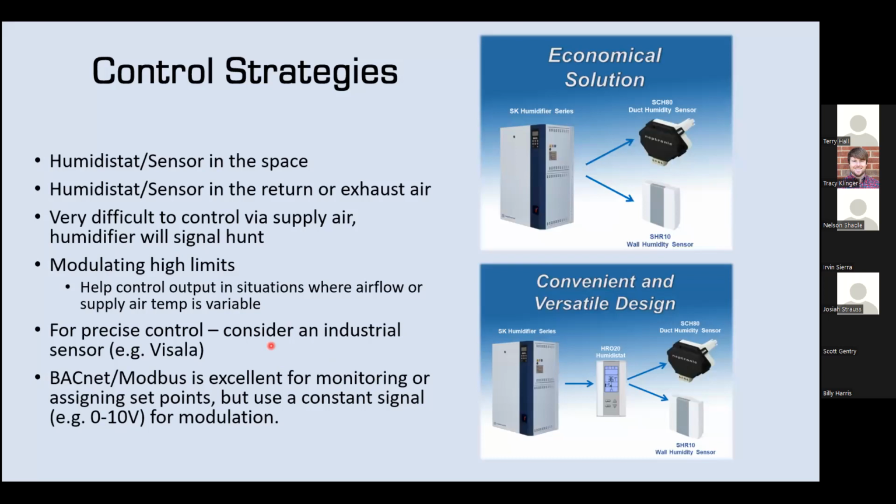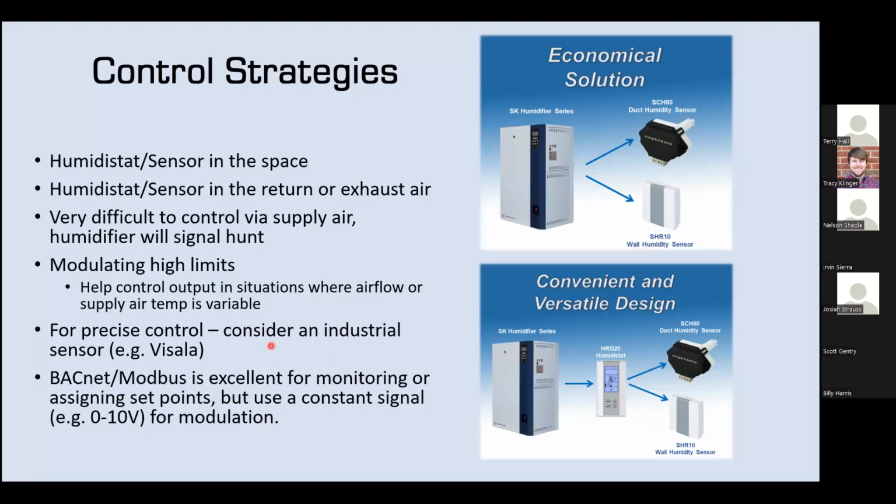In general, BACnet and Modbus are great for monitoring, but I would probably not rely on them to send a control signal to the humidifier. I'd rather the control signal be a voltage signal, like 0 to 10 volts, or even 4 to 20 milliamp.